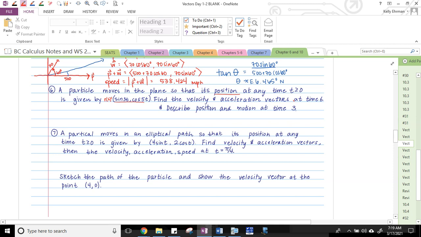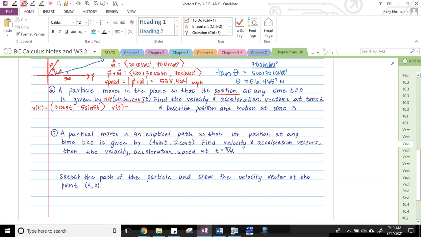Okay, so the velocity, v of t, will be, I'm just taking derivatives here, and I can use either notation. So the velocity will be 3 cosine of 3t, negative 5 sine of 5t. And we're supposed to find v of 3, so I will right here.